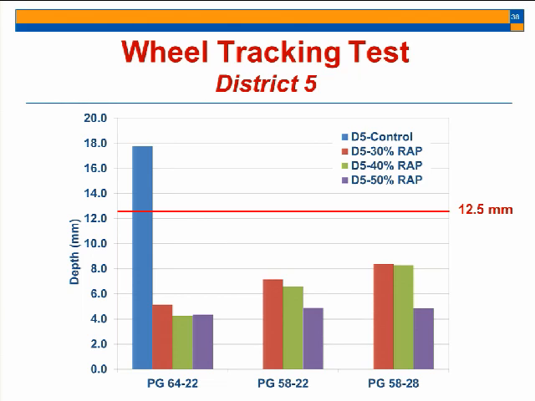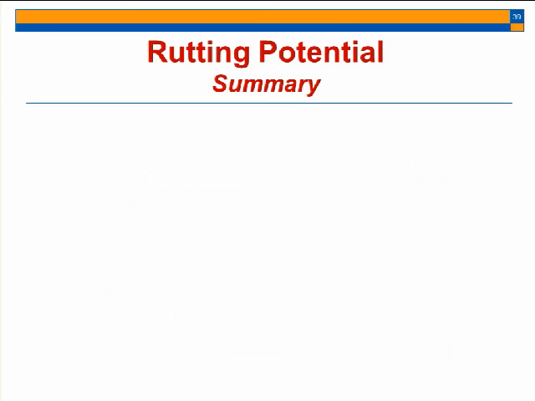But one important thing, it failed the criteria here. This is a 12.5, but we are running it for 20,000 cycles. For IDOT, for PG 64-22, the failure criteria should be tested at 10,000 cycles. So for 10,000 cycles, this control mixture behaved well and it passed the minimum criteria of 0.5 inches.